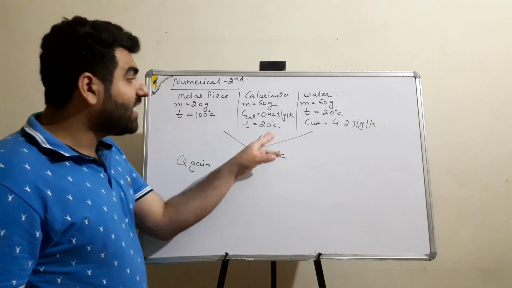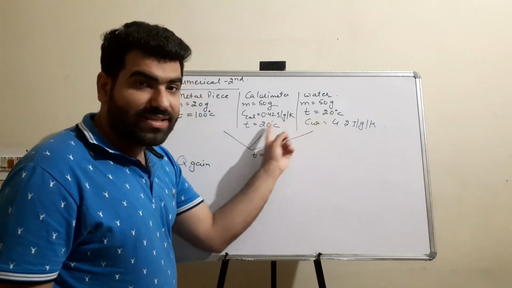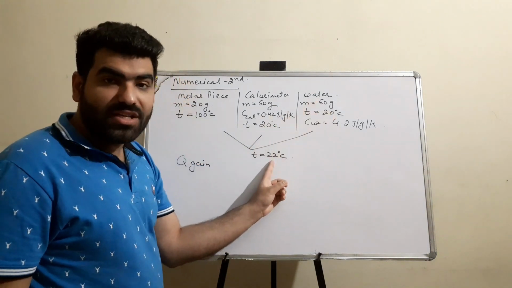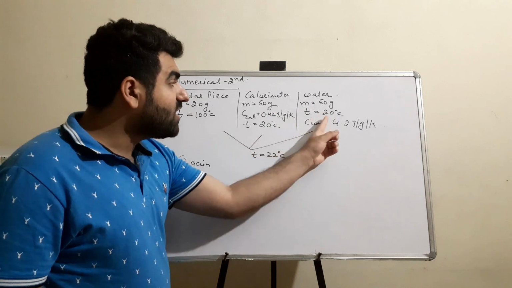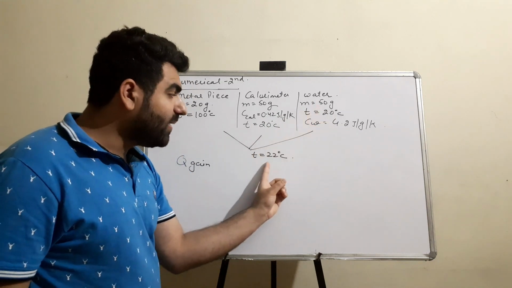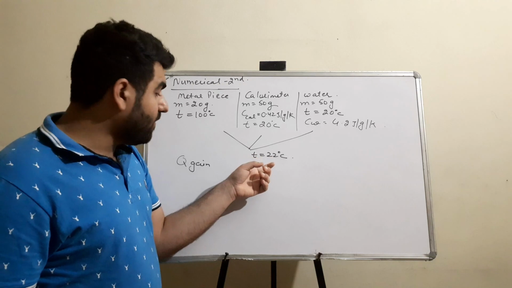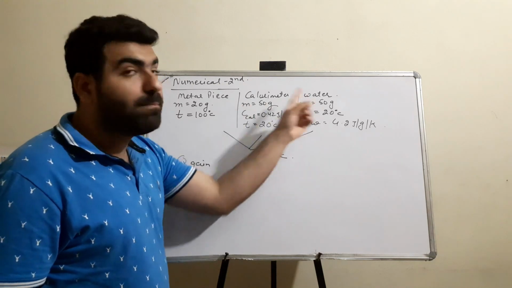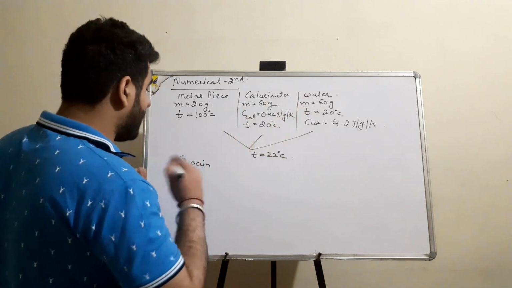Now we see that the calorimeter and water are at 20 degrees Celsius and the final temperature is 22. It means these two have gained some heat in order to increase their temperature. So heat will be gained by both calorimeter and water.